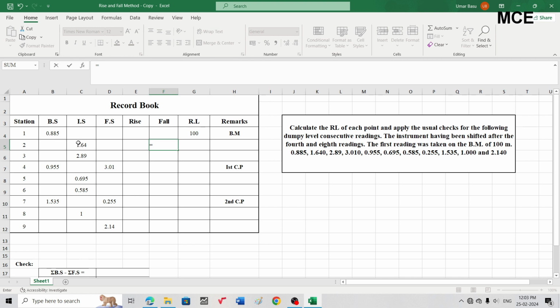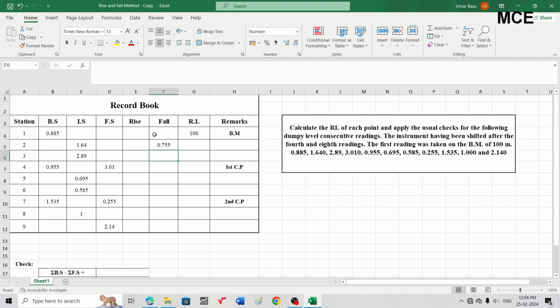This will be the fall from station 1 to station 2. So write 1.64 and from it subtract 0.885 and press enter, and you will get the fall from station 1 to station 2.